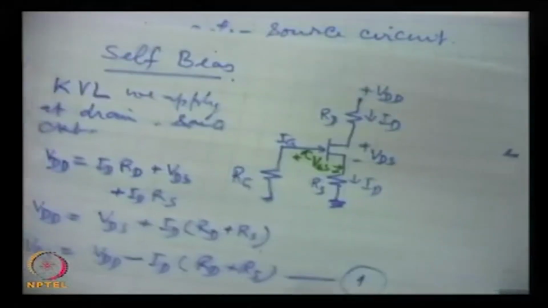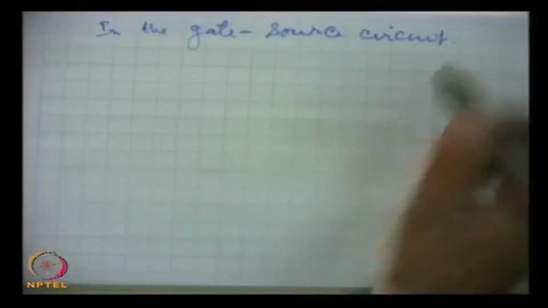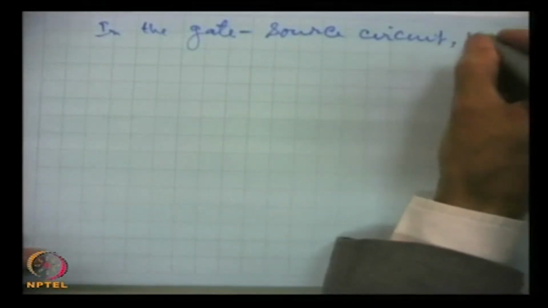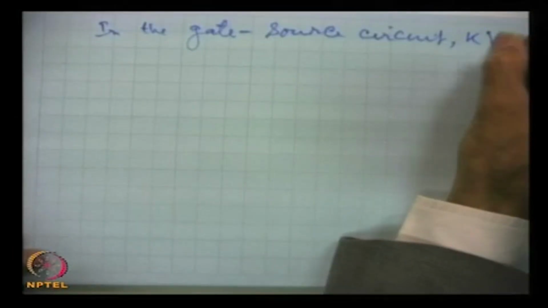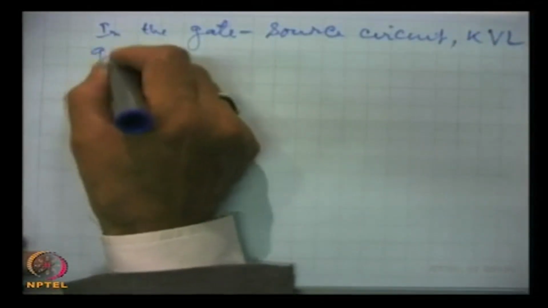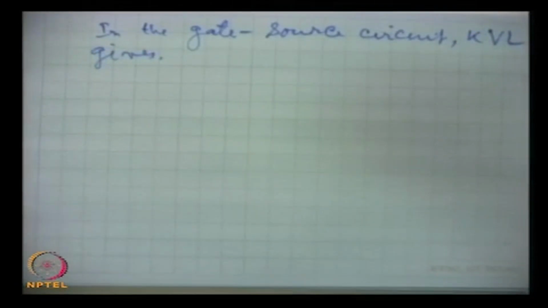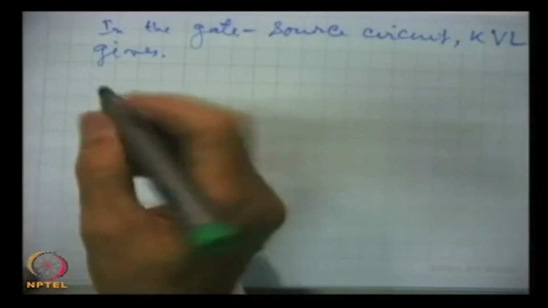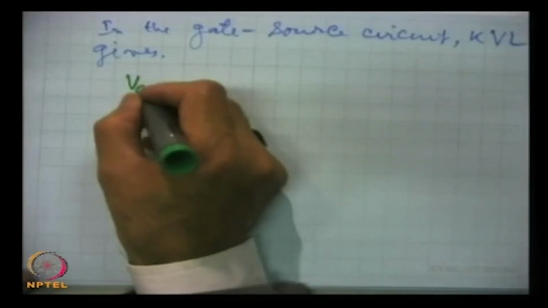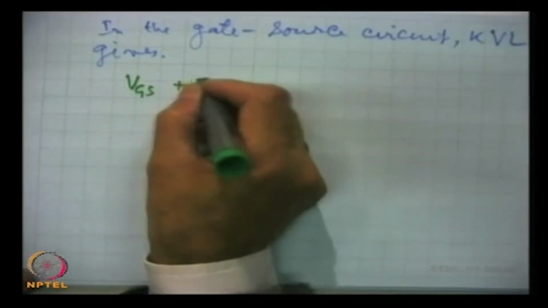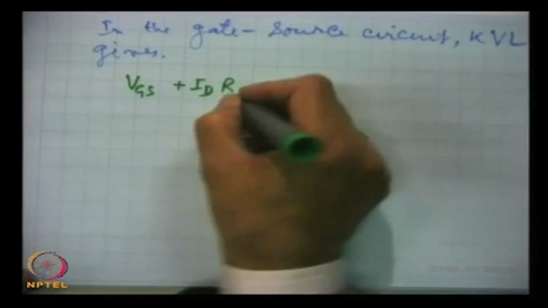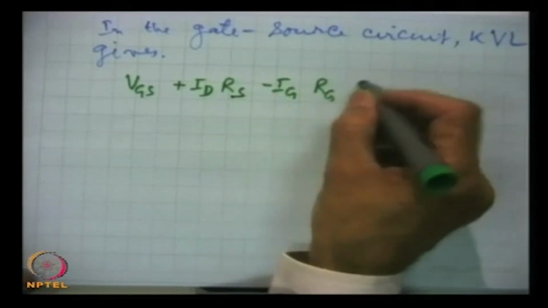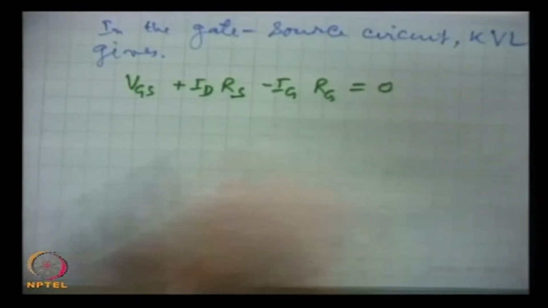So, here the summation, or Kirchhoff's voltage law, gives VGS plus ID Rs minus Ig Rg equal to 0.